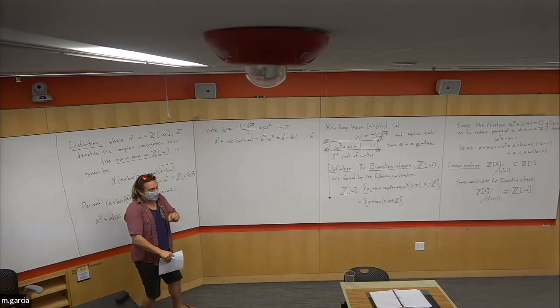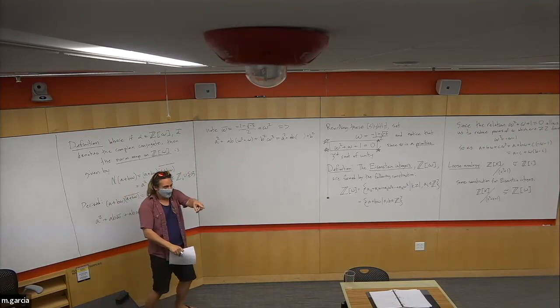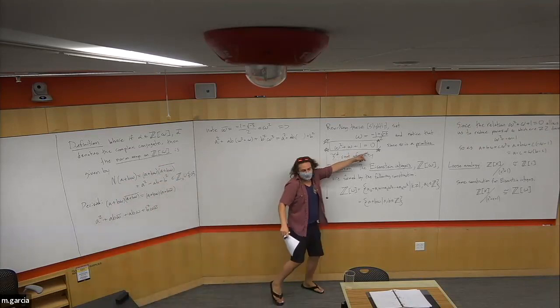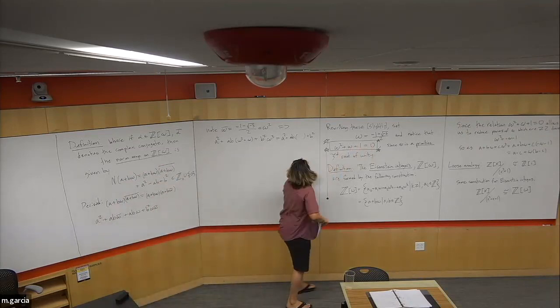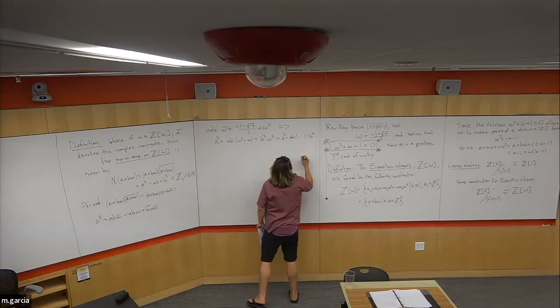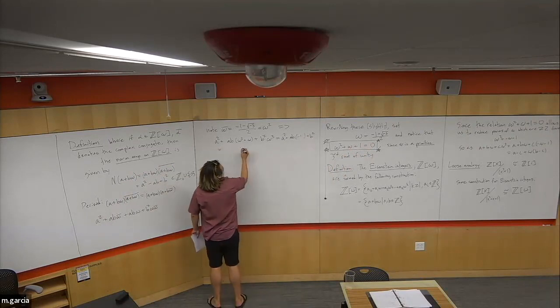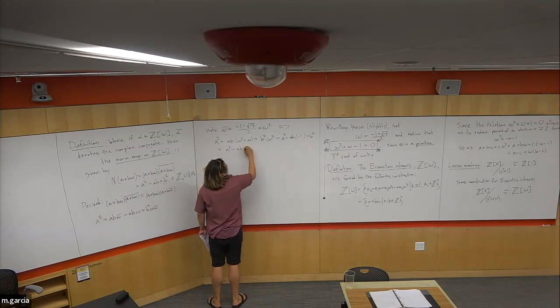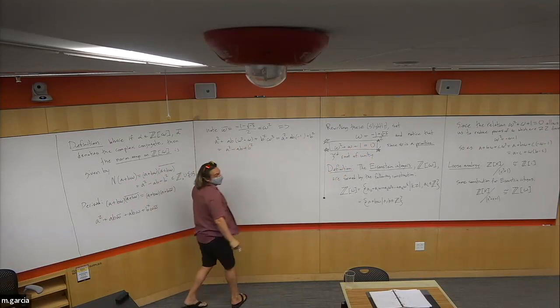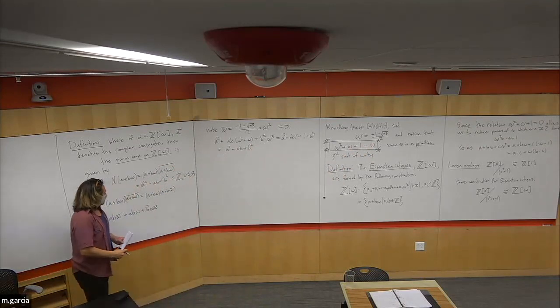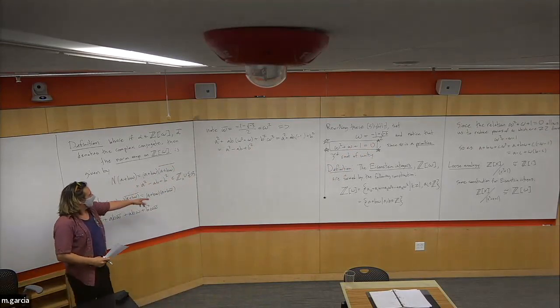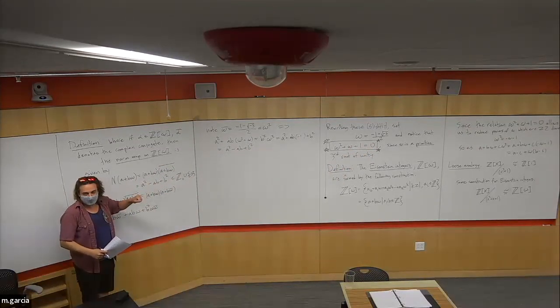Omega squared plus omega plus 1 is 0, so we get -1. We just subtract 1 to the other side. And then we get a -1 here, or a squared minus ab plus b squared, which is just the expression that I gave in the definition.